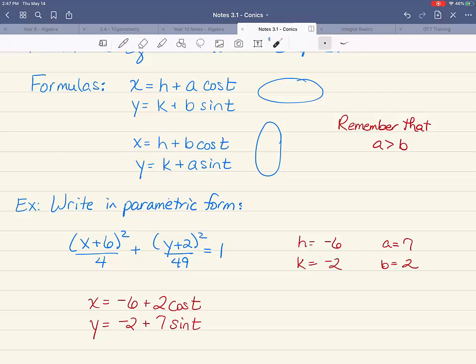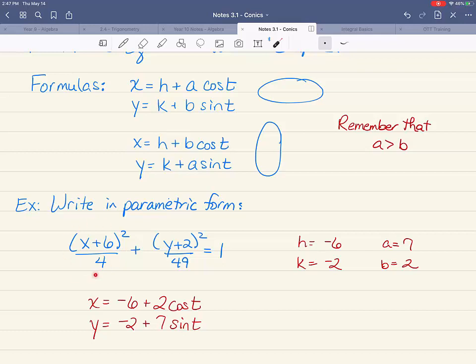Now let me point something out to you to help you see how this works together. Notice that the y and the 49 are in the same fraction. Come down here and look at the parametrics. Notice that the y and the 7, which came from the 49, are in the same equation. And that will hold true every time. So instead of having to worry about two different formulas, just remember that the denominator's square root goes in front of the cosine or sine based on what letter you're working on.